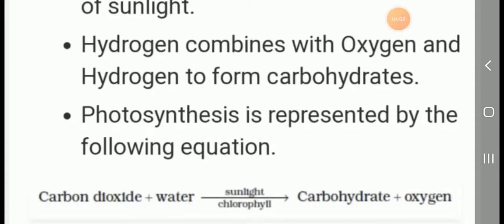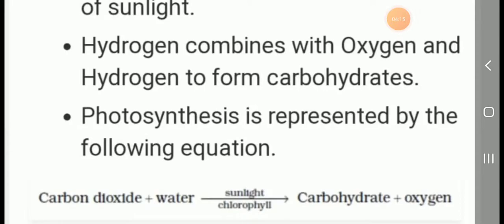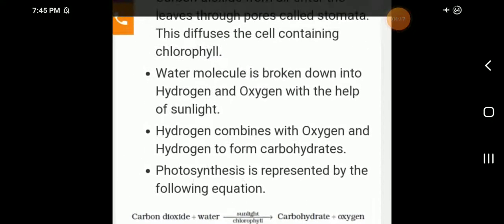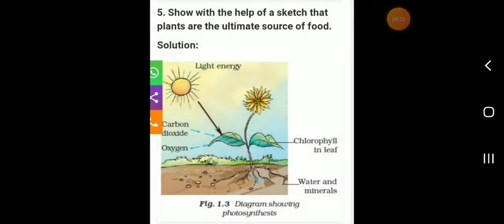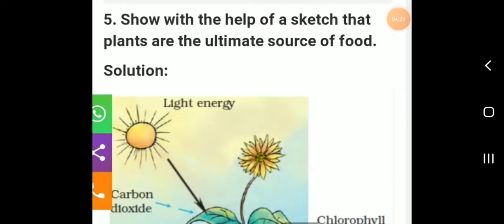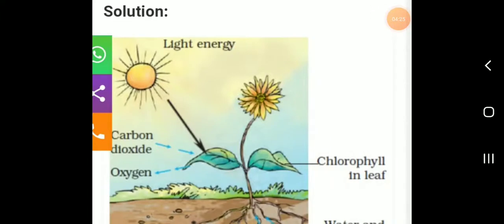Next, photosynthesis is represented by the following equation. Listen, the equation: carbon dioxide plus water, in the presence of sunlight and chlorophyll, gives carbohydrate plus oxygen. Next, look at the picture of photosynthesis.